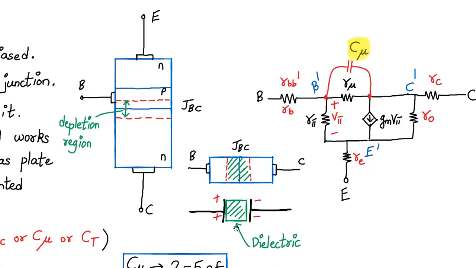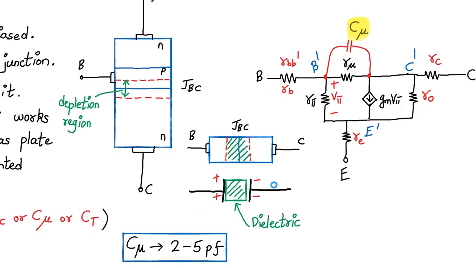Okay, it works as a dielectric, while the P region and the N region act as the plates with the positive and the negative charges. Since the P region contains majority carrier holes and the collector region has majority carrier electrons, they act as the two plates of a capacitor, right? Separated by a dielectric in the form of a depletion region.